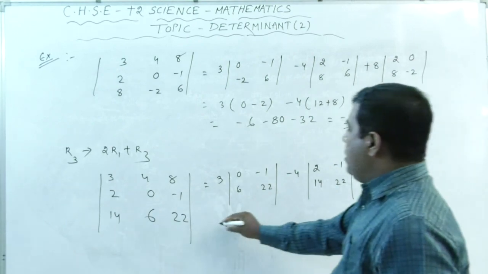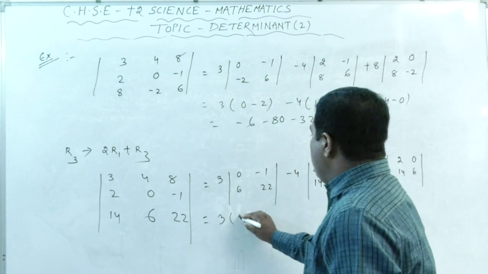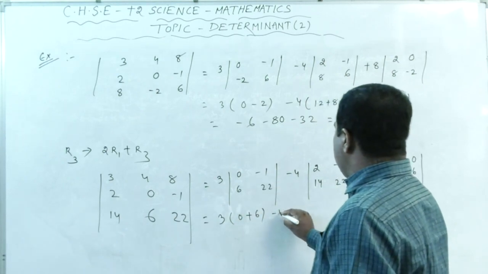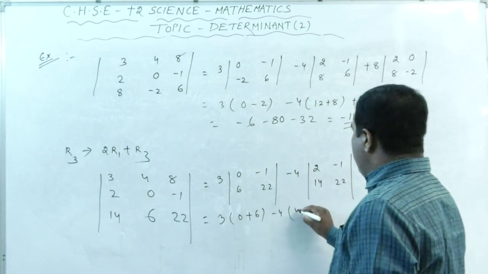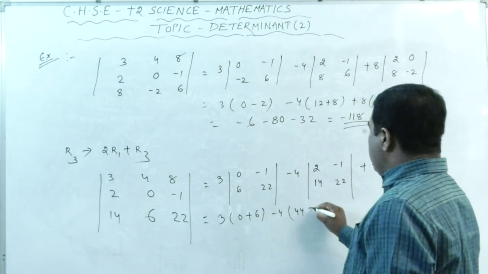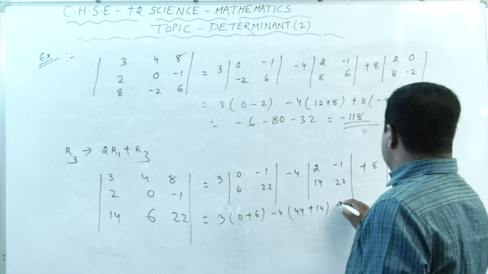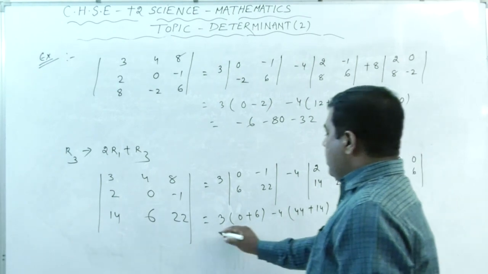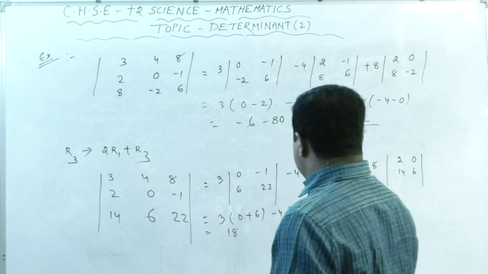So we have to evaluate it. It is 0 plus 6, minus 4 times (44 plus 14), 8 times (12 minus 0), so it is 18.